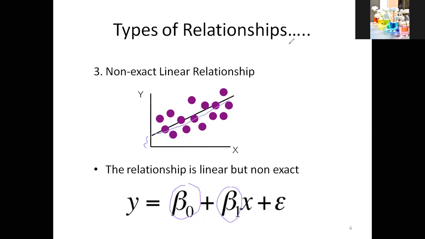If you have the slope, we can measure delta y divided by delta x, which will indicate beta 1, the rate of change in y when there is a change of 1 unit of x.